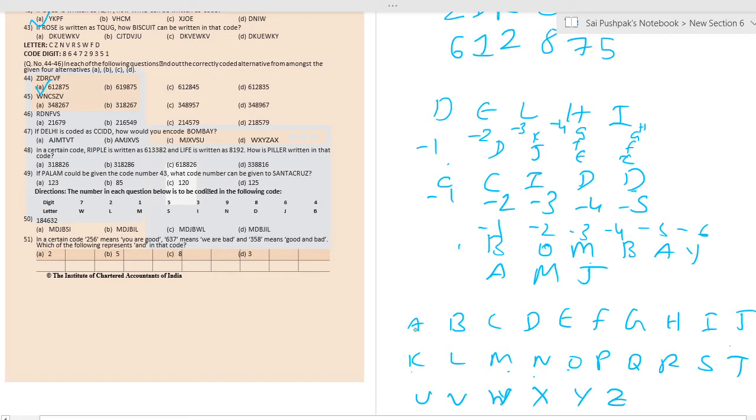Before B there's nothing now, so we have to come back to Z again. 1, 2, 3, 4. X. Okay. A -5. 1, 2, 3, 4, 5. B. Y -6. This is Y. 1, 2, 3, 4, 5, 6. S. A M Z X V S is the answer. B is the.